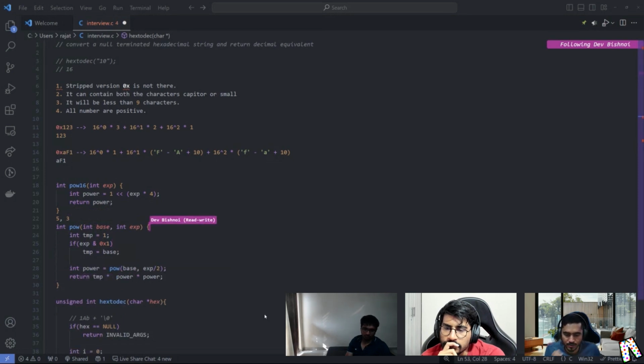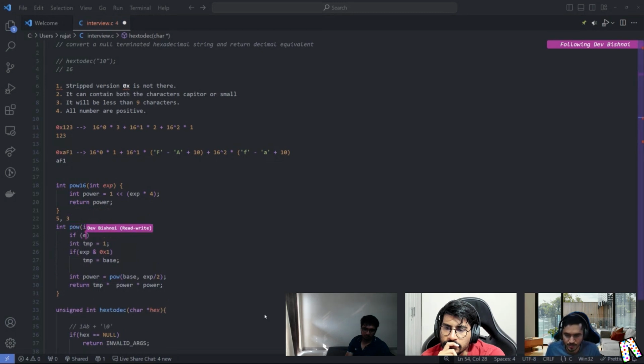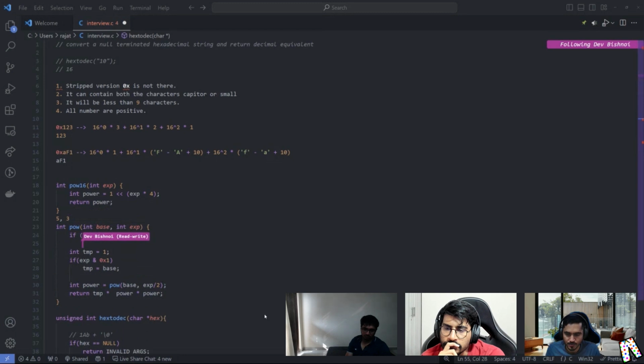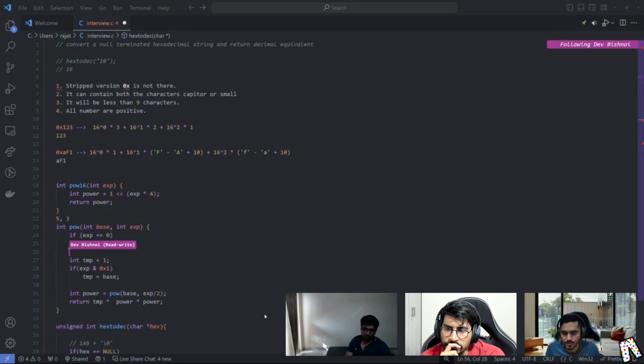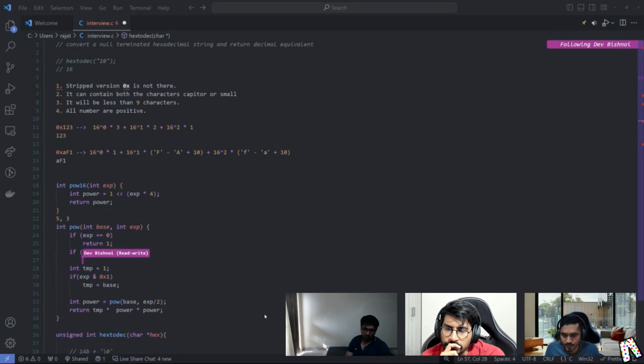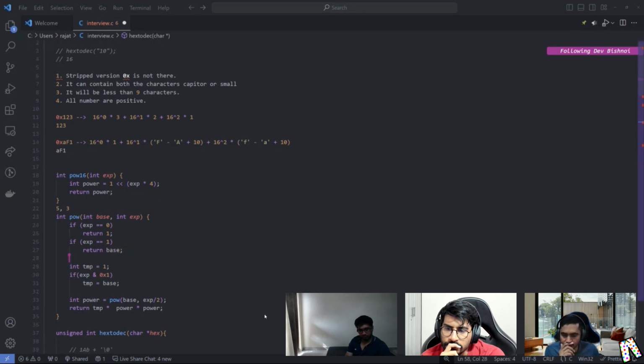And then I'll have to take care of the base cases. If exponent is 0, I return 1. If exponent is 1, I need to return base only. So these are two base conditions.